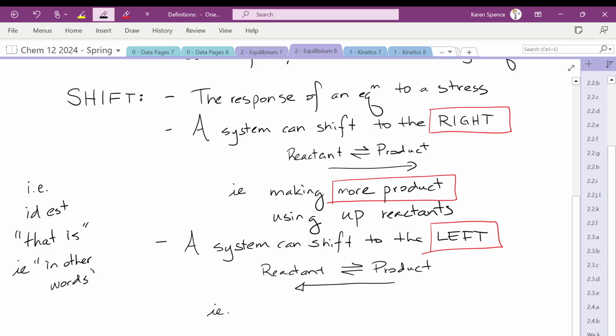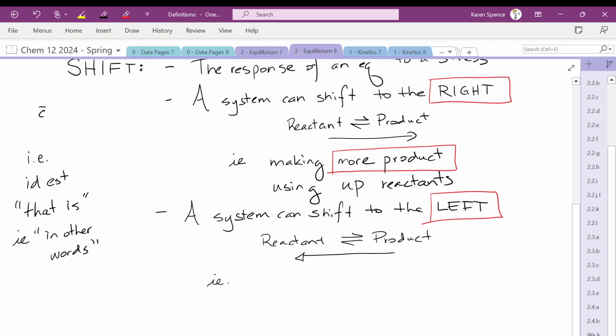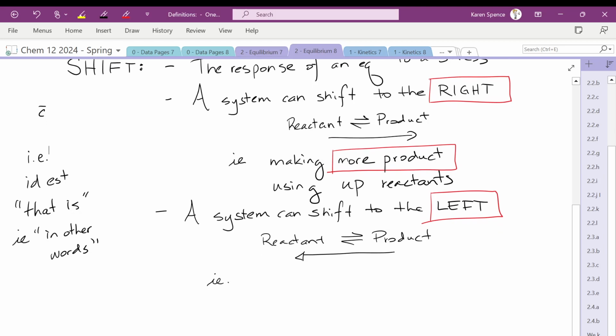So if you're wondering what this IE business is, IE means id est, that is, in other words. And now you know. I could explain this one too. This is my abbreviation for with, but I don't want to because I don't want to write the word. So you can look up that abbreviation on your own.